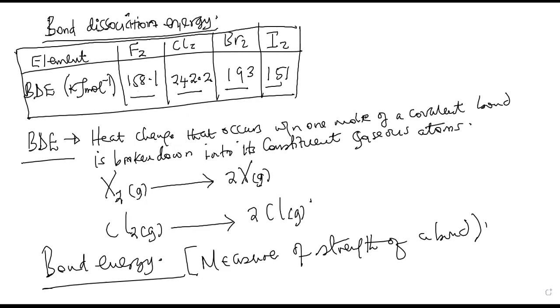I can record them here so that we can refer to them. Fluorine had 158.1. Chlorine had 242.2. Bromine had 193. Iodine had 151.